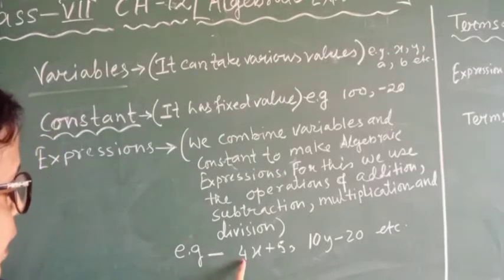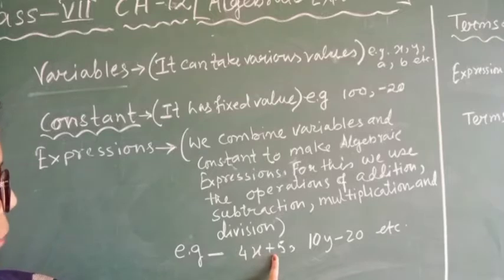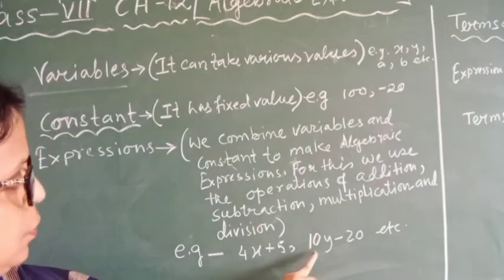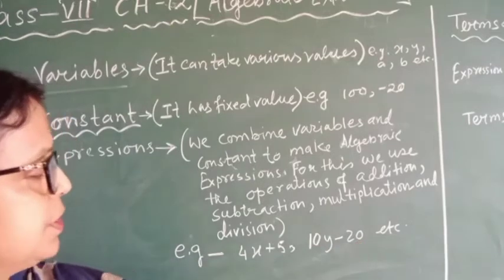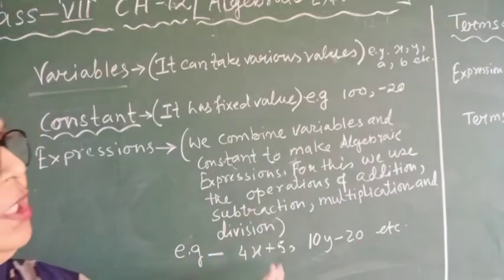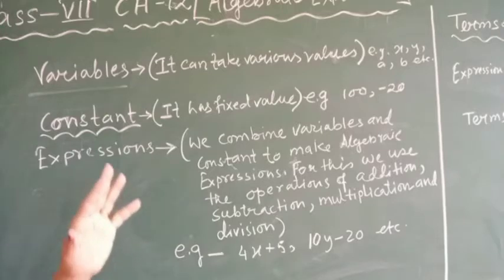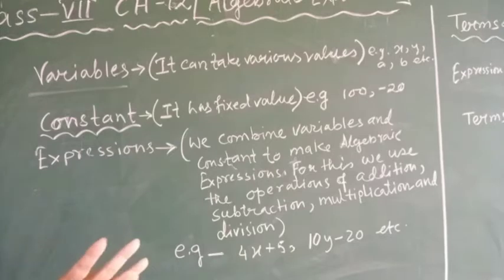Here 4 into x, then the operation plus, then the constant term 5. Another is 10y minus 20: 10 into y, the operation is subtraction, and here it is a constant term, etc. We will come across many expressions with variables and constants in our sums when we start algebraic expressions.